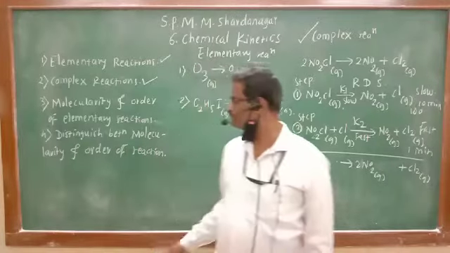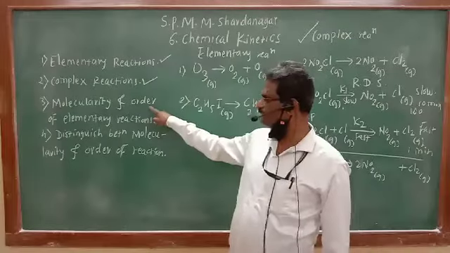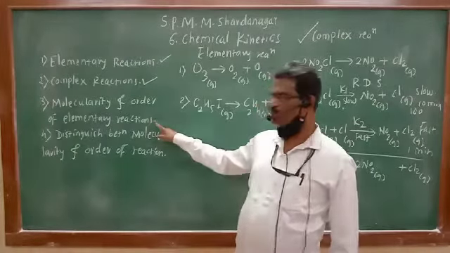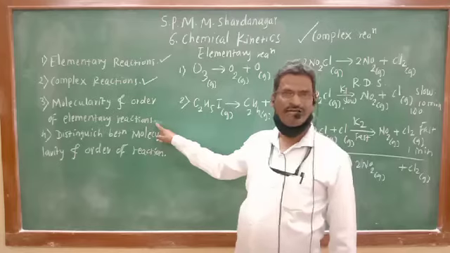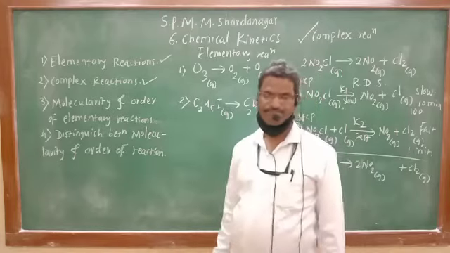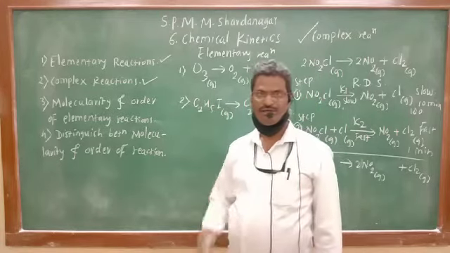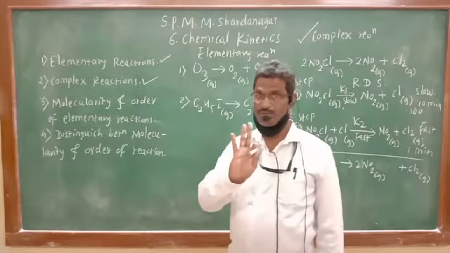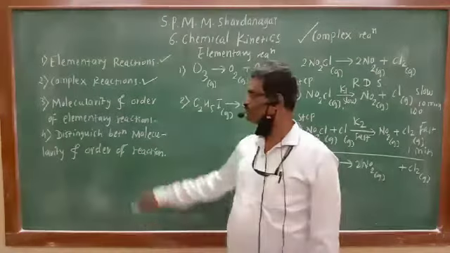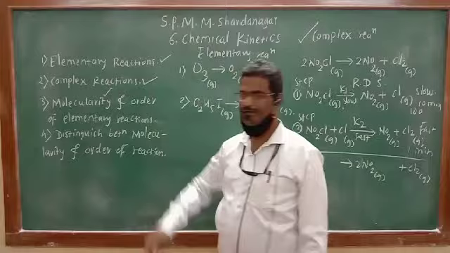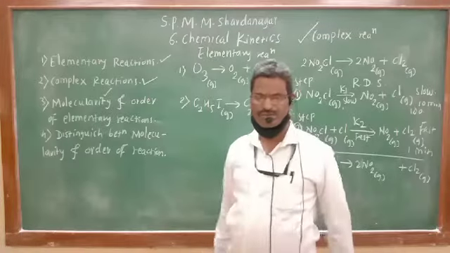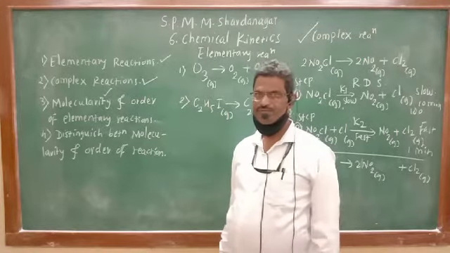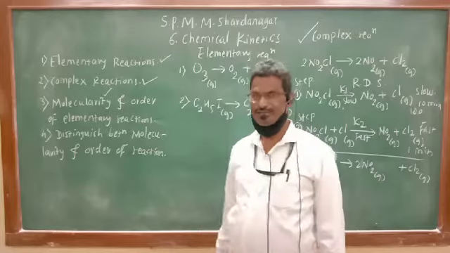Now the next point, the third one, molecularity and order of elementary reaction. Let us see the molecularity of reaction. What is meant by molecularity? Already we have seen order of reaction.